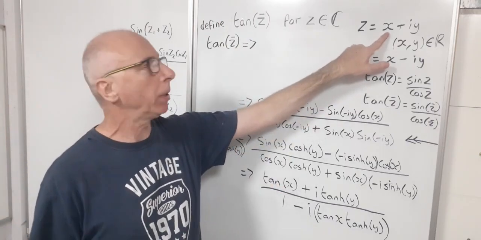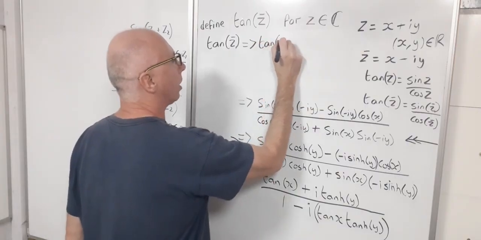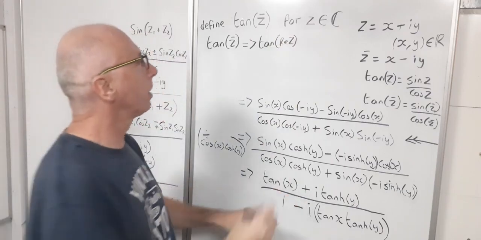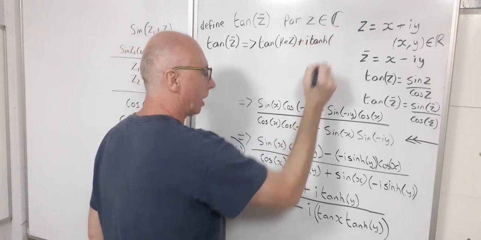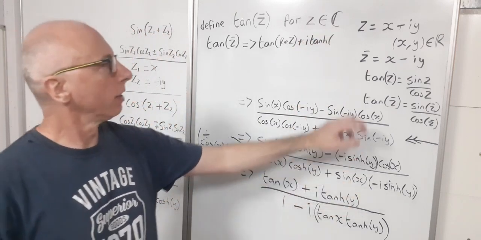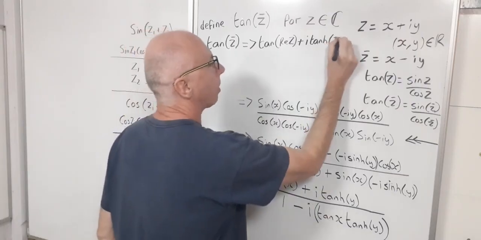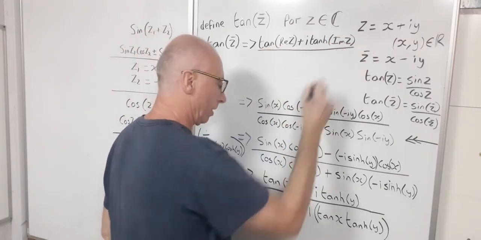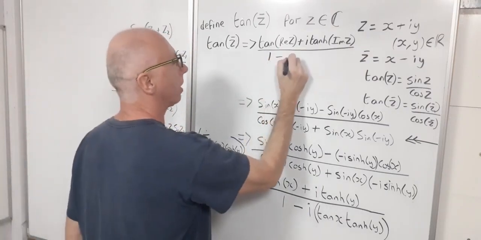So now, if I rewrite this, so tangent of x, what is x? x is the real part of z. So I can rewrite this as tangent of the real part of z plus i, and then it's hyperbolic tangent. This time I've got y, and y is the imaginary part of z. So now I can write that as the imaginary part of z. And then dividing that by 1 minus i, that's fine. 1 minus i.